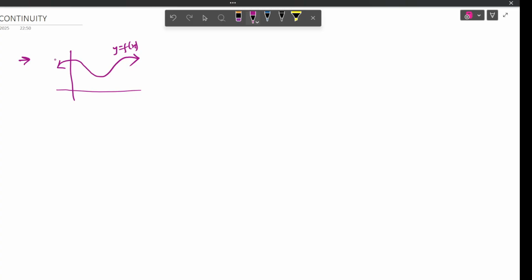Now f(x) is not defined at, if we say that here is a breakpoint, then at point A, this is your x-axis, this is your y-axis.